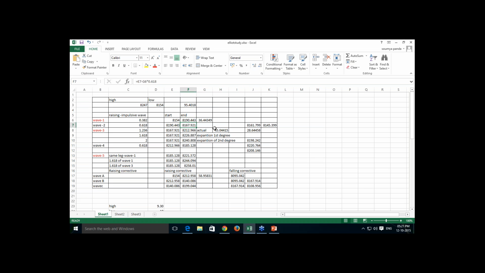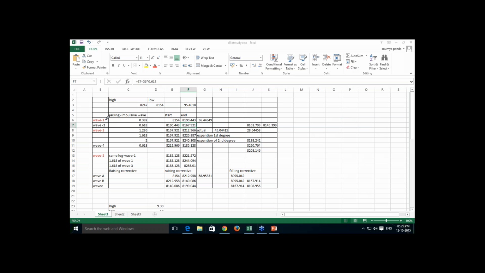But it is not necessary that price will move in this order. This is what I am expecting based on a calculation. I should not say that Nifty, since I have calculated, you accept this and move in this particular order. So here we have to see some fine tuning.